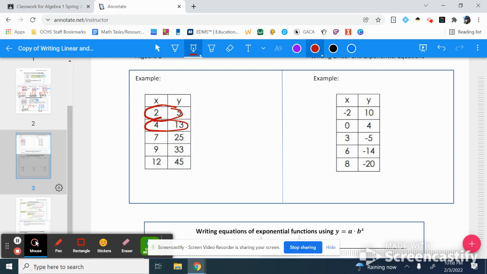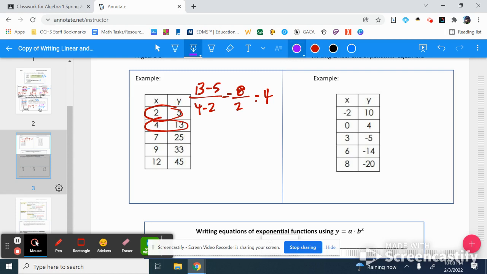I'll use 2, 5 as my x1, y1, and 4, 13 as my x2, y2. So 13 minus 5 divided by 4 minus 2. Well, 13 minus 5 is 8. And 4 minus 2 is 2. So I can find my slope to be 8 divided by 2, which is 4.